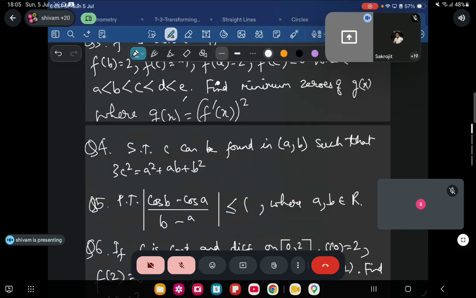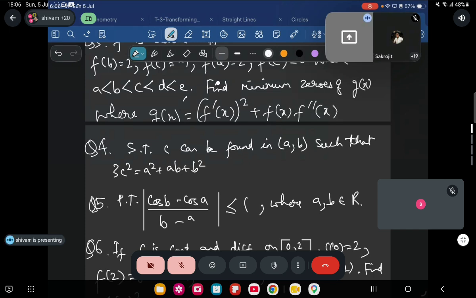No, it is f double dash x whole square, I guess. Wait a minute. It is f dash x whole square only, plus f of x into f double dash x.